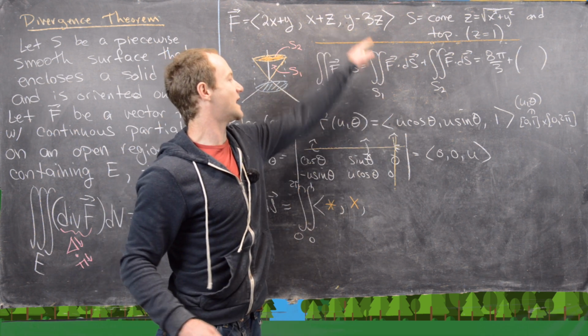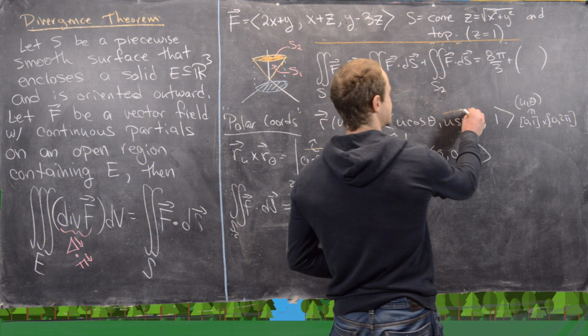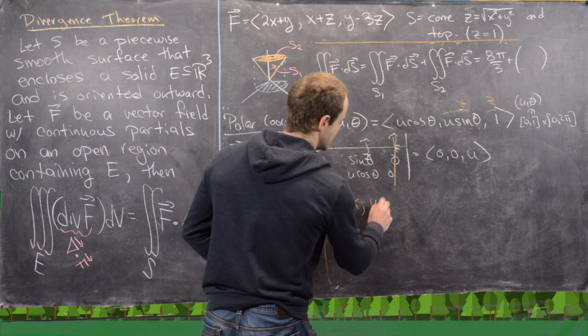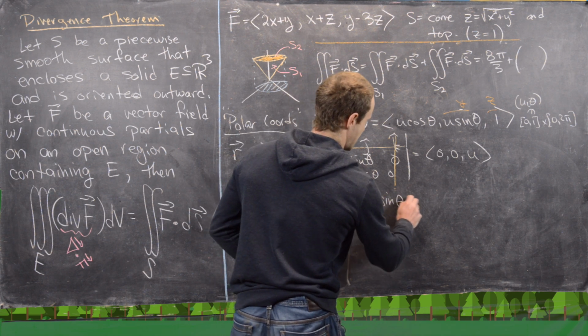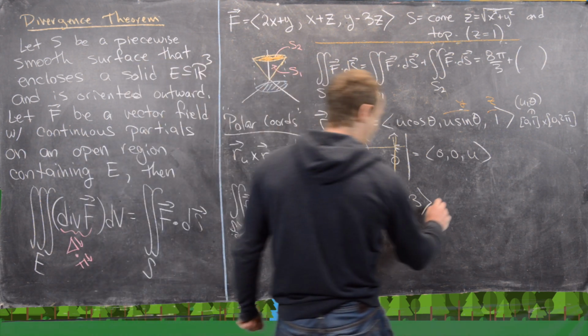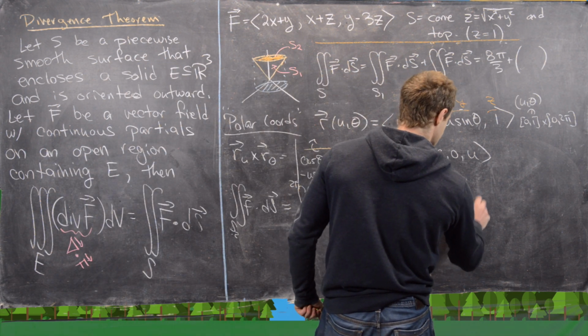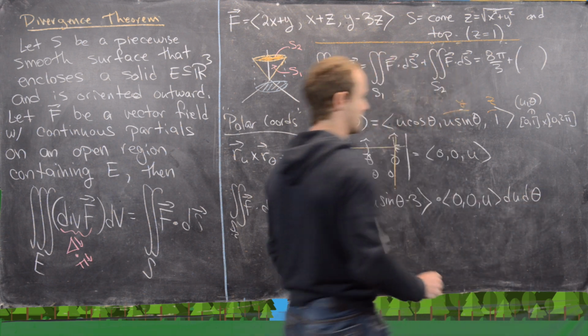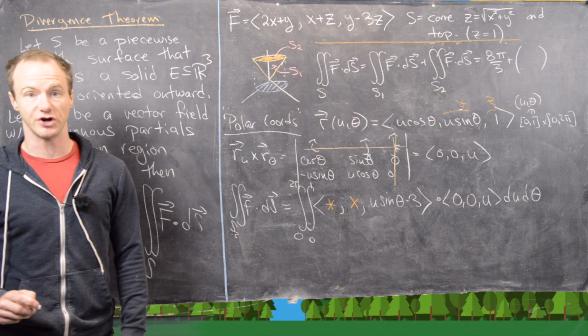So we've got y minus 3z, but we'll take this as the y value and this is the z value. So that's going to be u sine theta minus 3. Great. Now we're going to dot that into 0, 0, u. And then we're doing this in the du d theta order. Okay, good.